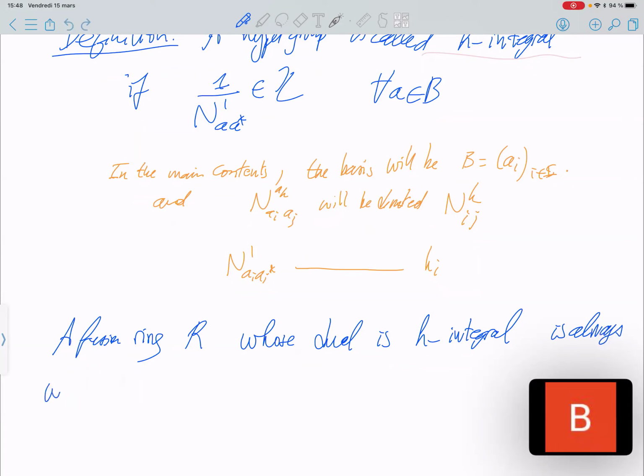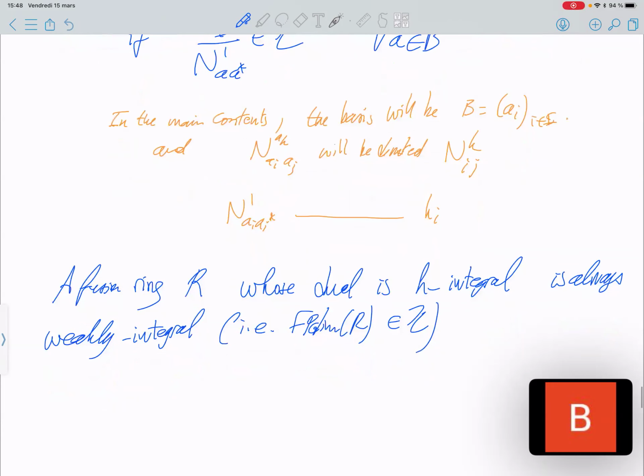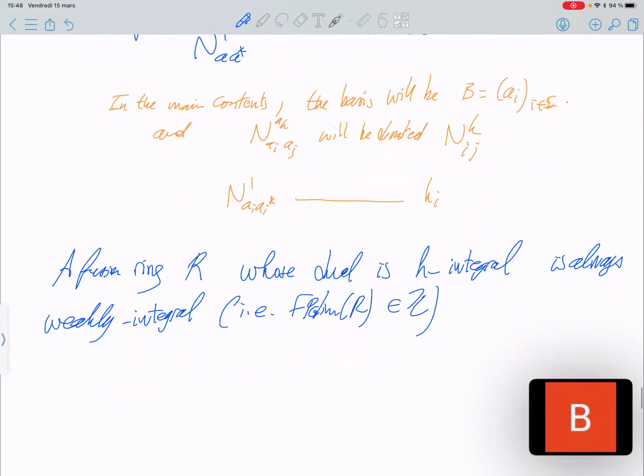It's always weakly integral. So remember, weakly integral means the global Frobenius-Perron dimension of R is an integer. So you start from a fusion ring. You assume its dual hypergroup is H integral. This implies this fusion ring is weakly integral. But the converse is not true. The converse is false in general.